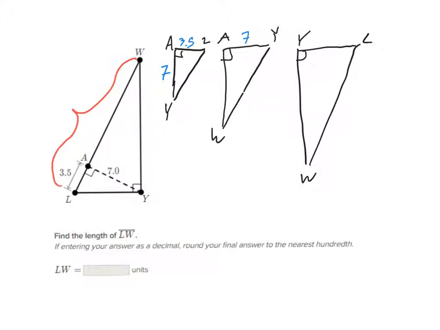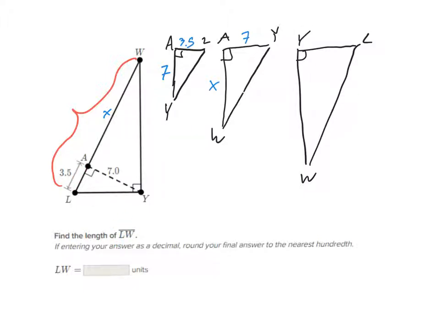So I'm going to just call this X. And AW now is my X. Well, that's this. And so there's a lot of stuff that I could do to find all these missing pieces. Like I could find this hypotenuse using Pythagorean theorem, and then I could use similar triangles to find this and find all these parts. But really, I just need X. And whatever X is, I just add 3.5 to it, and that'll equal LW.